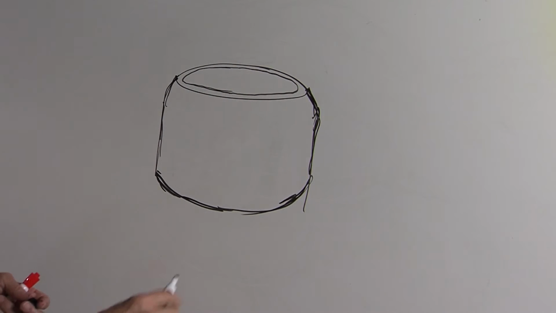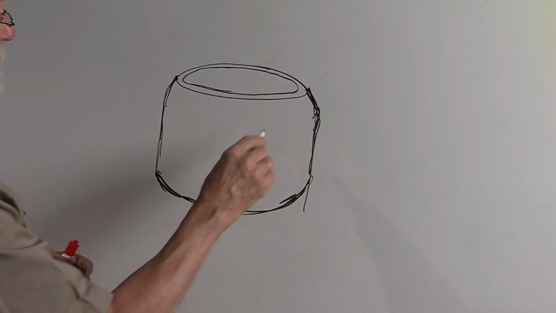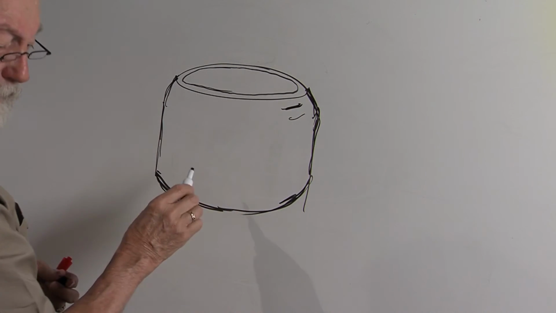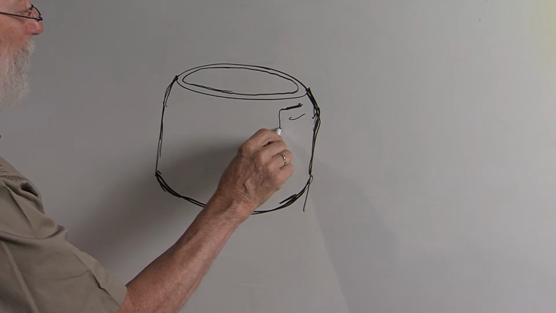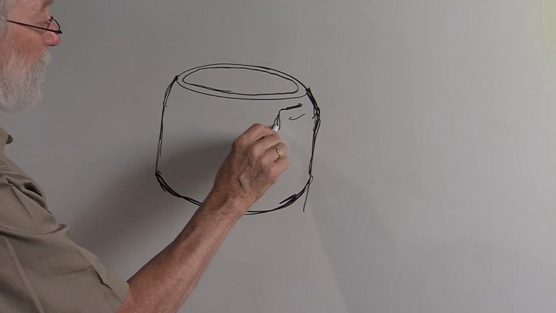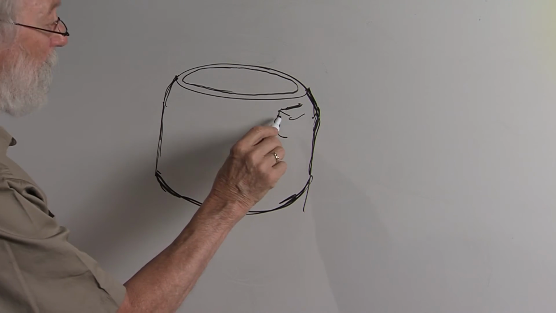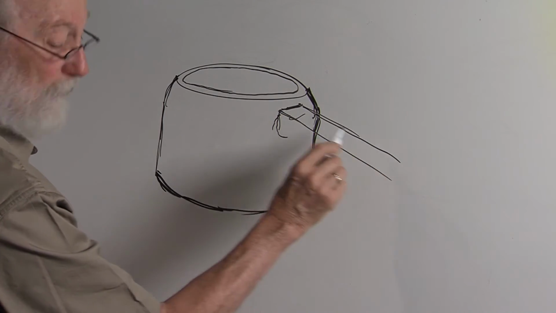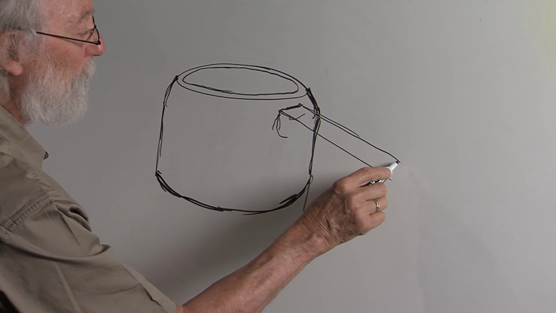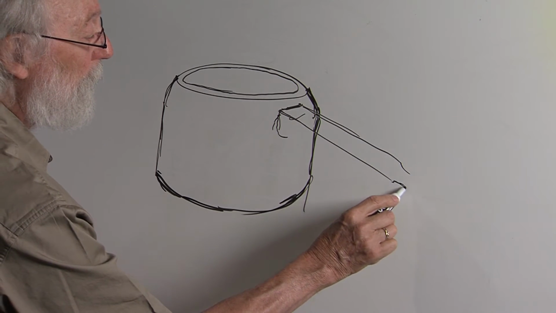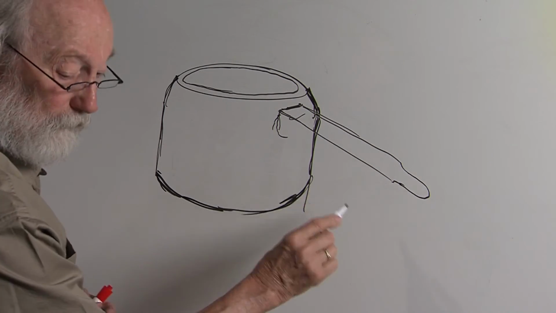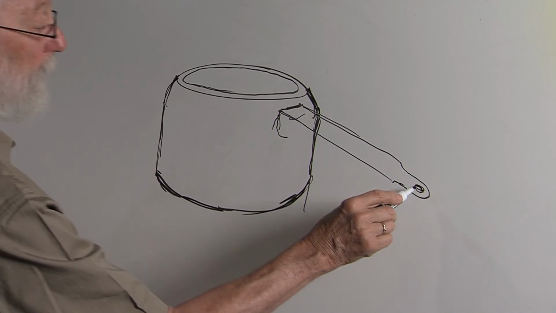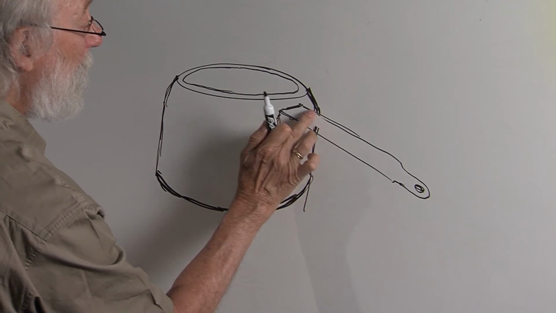And then come off with this handle. It looks like it could hook in. Oh, it's way up here high, and it curves down like that. It actually is anchored to, and this comes off sort of like that, and the end of this kind of curves in a little bit here, and it goes into a circle, has a hole in it, another little hole in the object there.